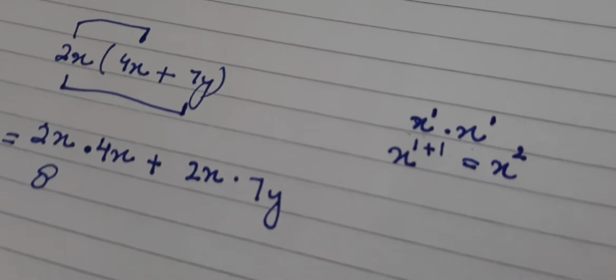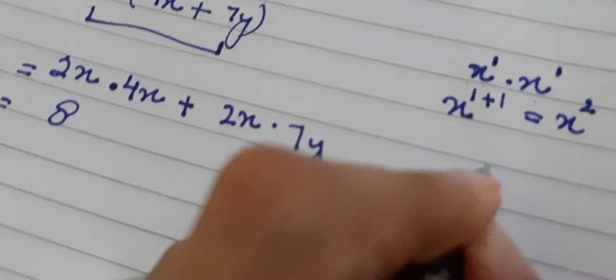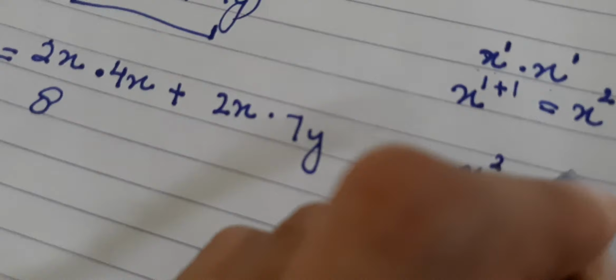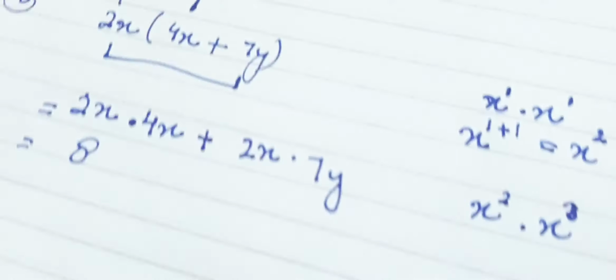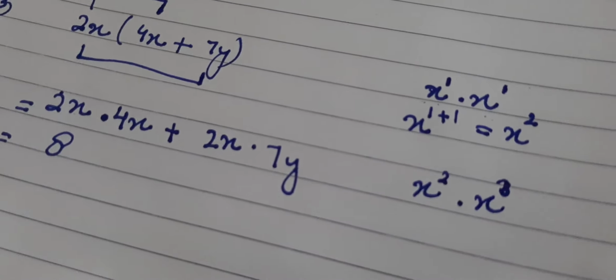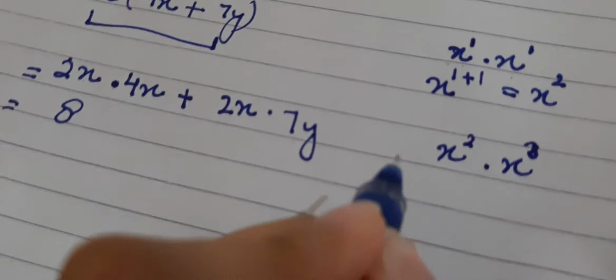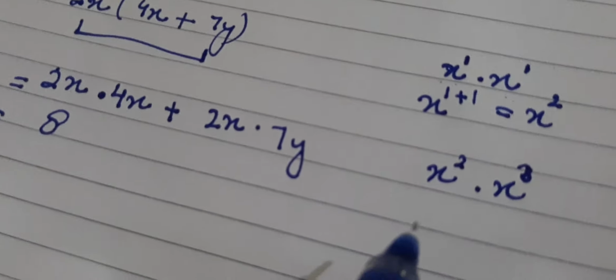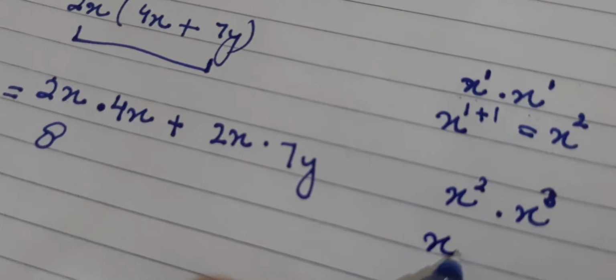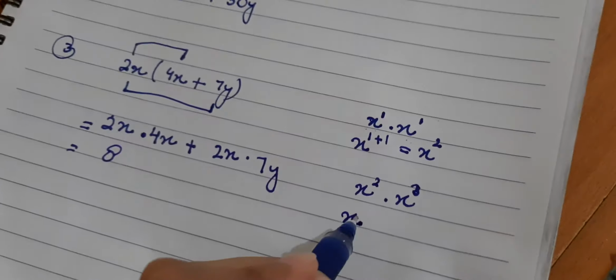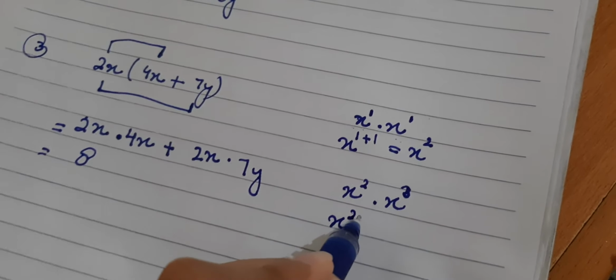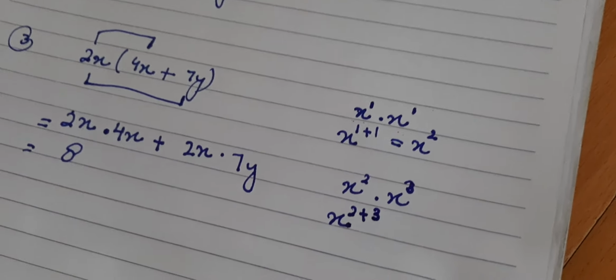So we write the variable once and then we add the powers, that is 1 plus 1, it becomes x square. For example, if I have x square multiplied by x cube, this is 3, okay? So we have x square multiplied by x cube. We will write x once and then we can add these two powers, that is 2 plus 3.